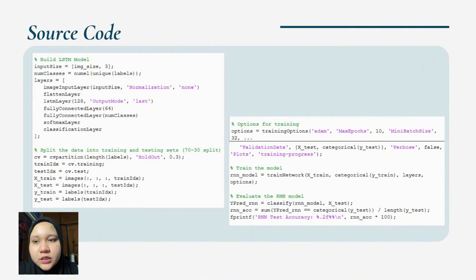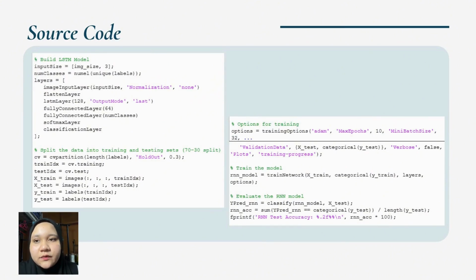For the training options, the Adam optimizer is used for training, while the model is trained for 10 epochs, meaning the entire dataset is used 10 times for updating weights. Next, batch size: the model is updated after processing a mini batch of 32 images.